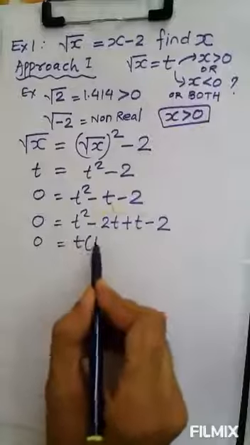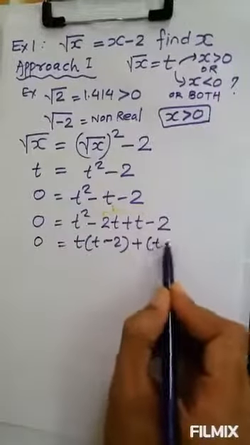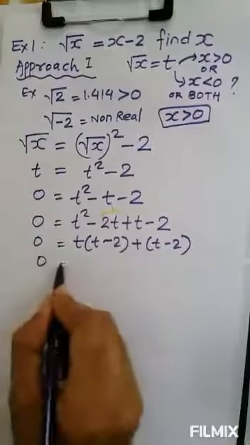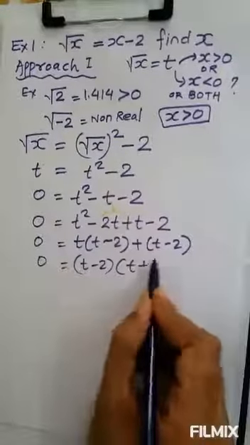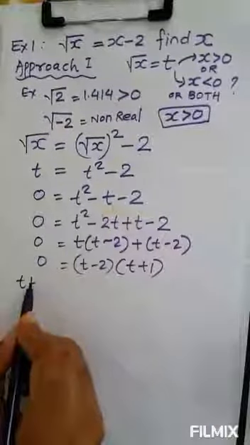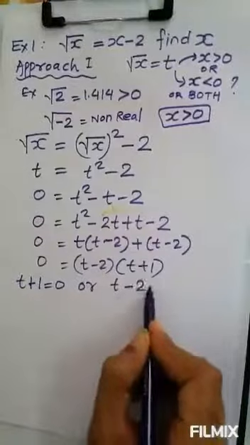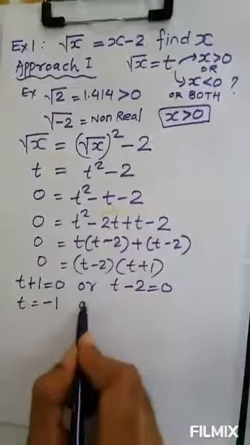Taking t common from the first two terms and 1 common from the last two terms, we get t minus 2 common and t plus 1 also. So these two are the factors. It means t plus 1 is 0 or t minus 2 is 0, which gives us t is minus 1 or t is equal to 2.